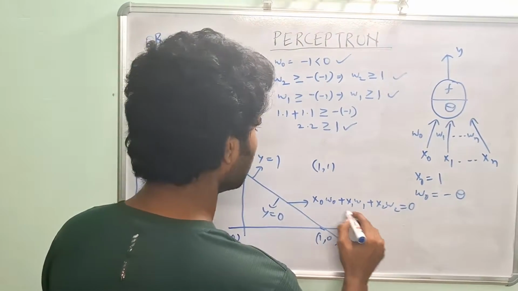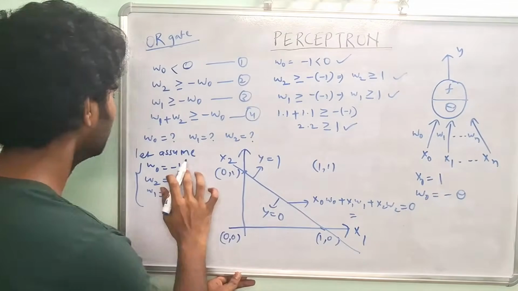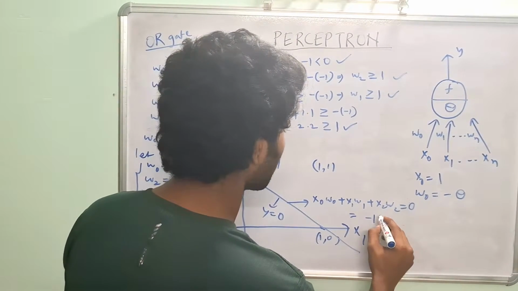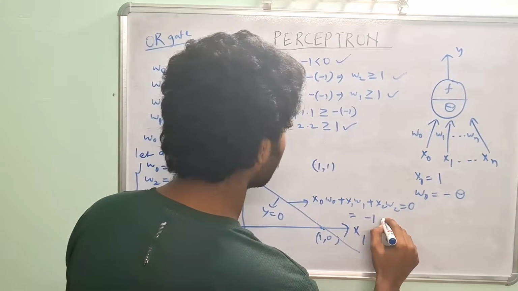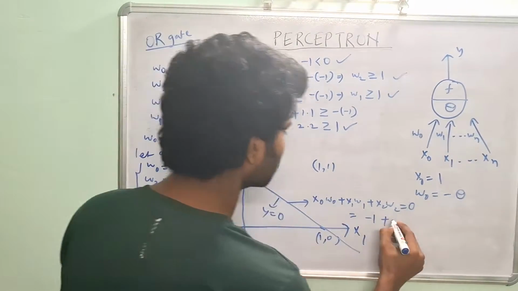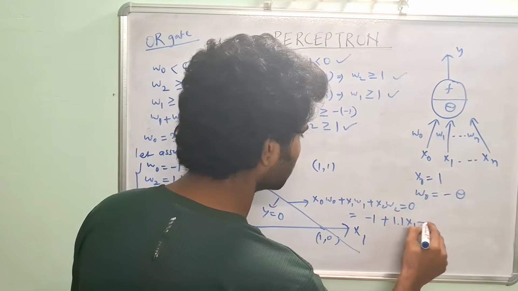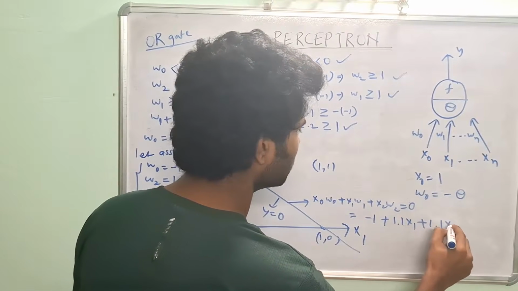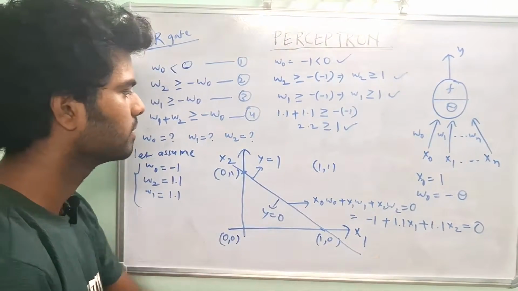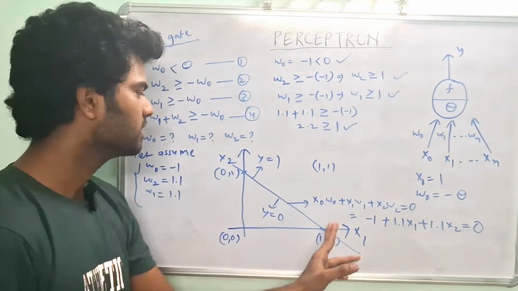So finally w0 is -1 plus w1 is 1.1 x1 plus 1.1 x2 equals 0. Yeah, this is the final equation of this straight line.